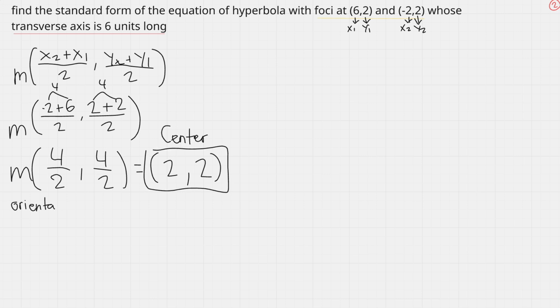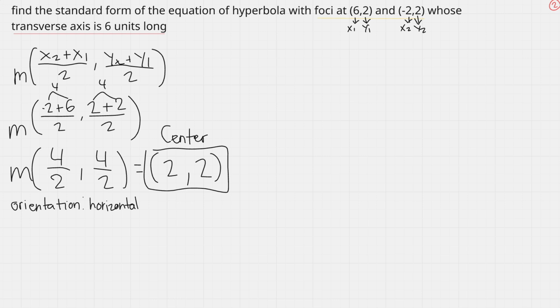Now let's find the orientation of our hyperbola. We can see in our foci, our 6 and our negative 2 is changing. This is our x, remember, so there will be an x-axis change. But in our y, there's no change. So our hyperbola is horizontal, so it opens left and right.